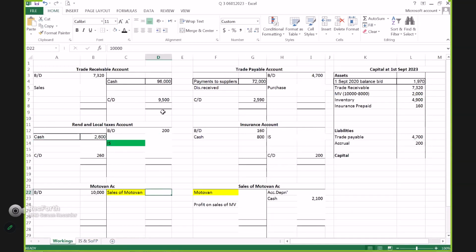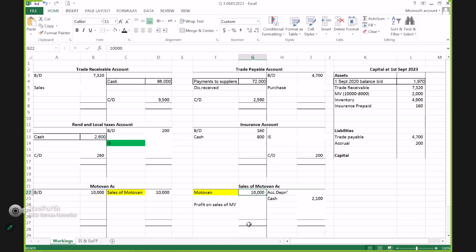I think the motor van sold is 10,000, because the motor van cost is 10,000.